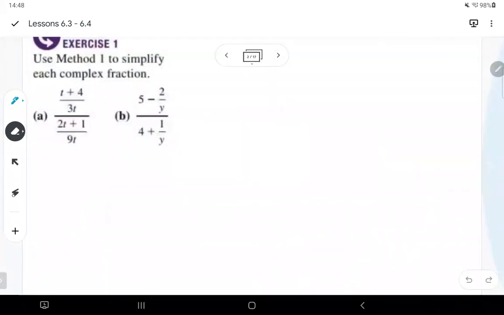All right, so the first thing you want to start with is finding if both the top and the bottom of the fraction are indeed one singular fraction.